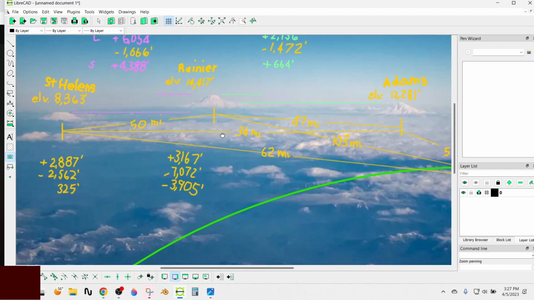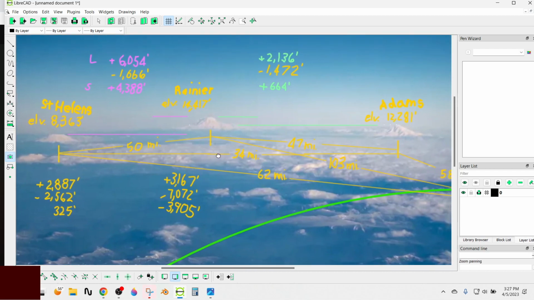So let's go into this a little bit deeper, because now we understand that Mount St. Helens and Mount Adams are 34 miles apart, and it's the only calculation that didn't work in. But we have a realization that Mount St. Helens is 8,363 feet.